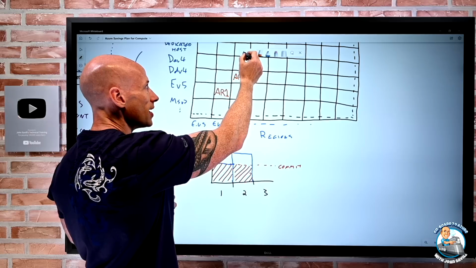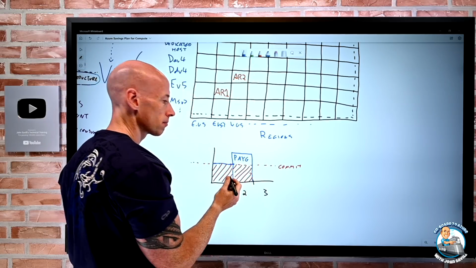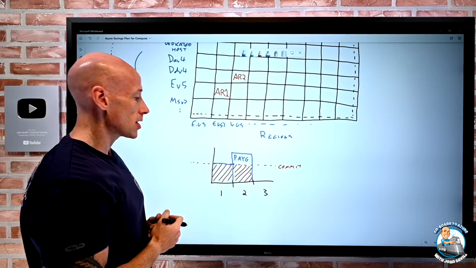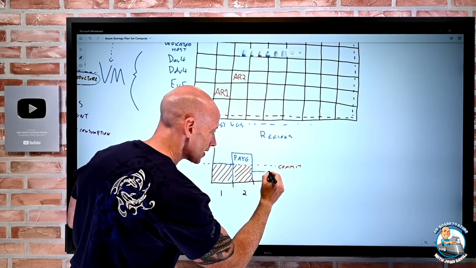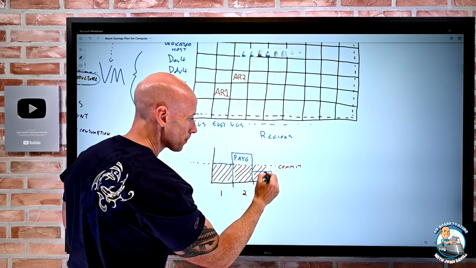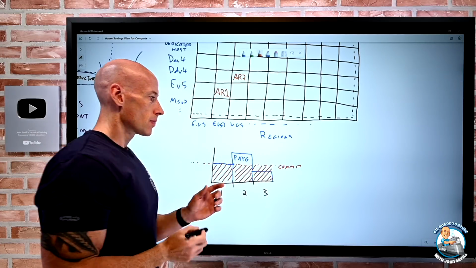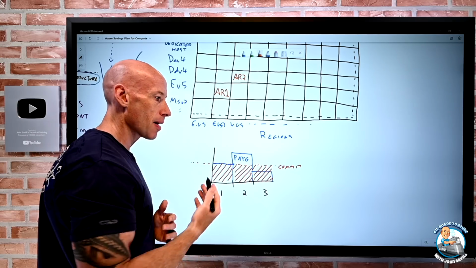The rest of it, well, that would just be pay-as-you-go pricing. So I can still use more, but that's what happens. Now, if I was to use less, well, I'm still paying for that committed amount. So I'm committing to use a certain amount, I will always pay that amount.